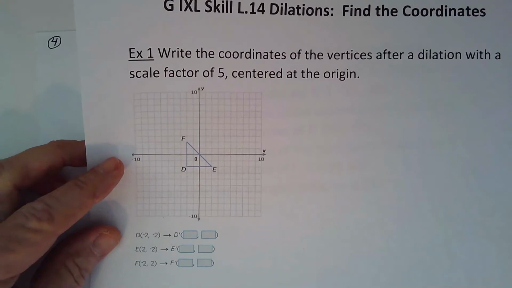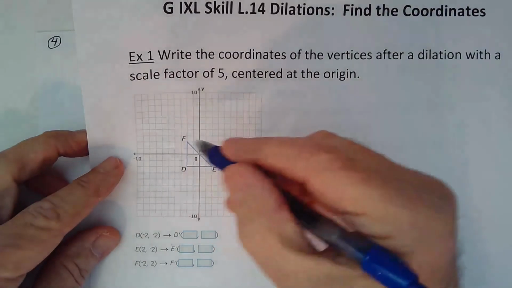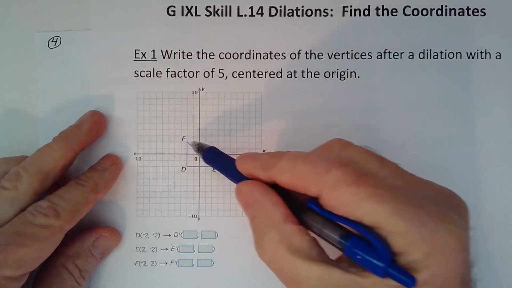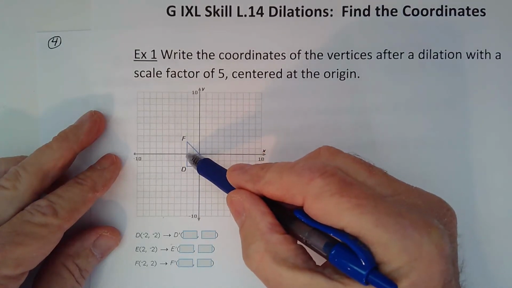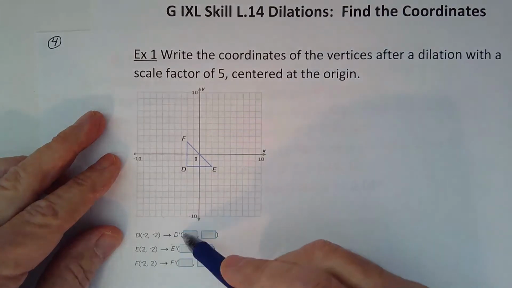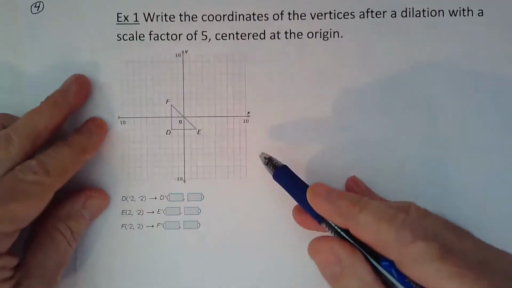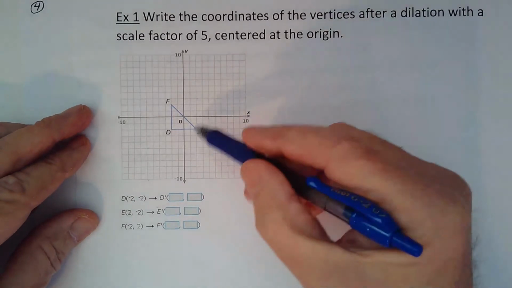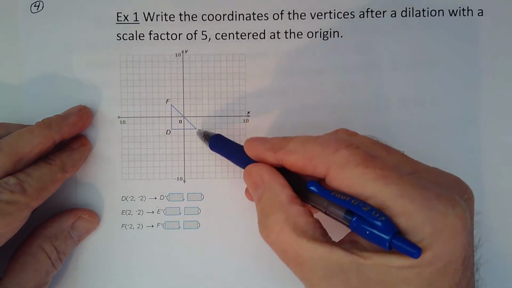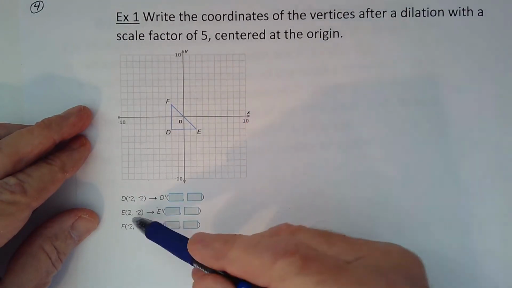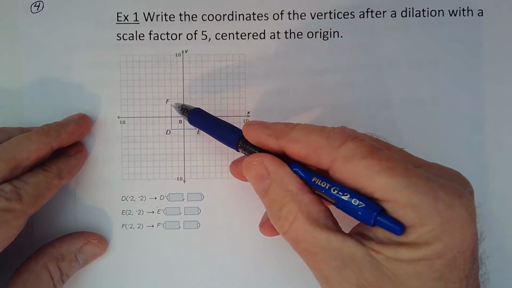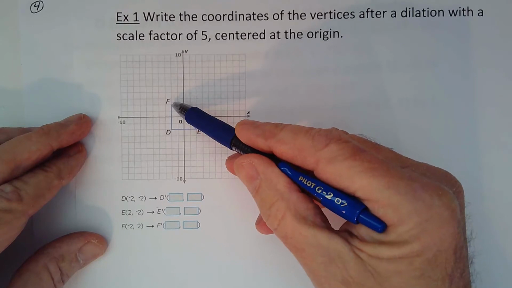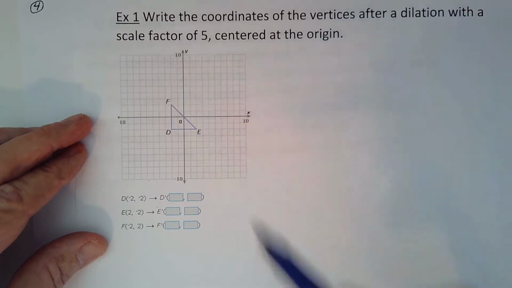It's because if you go back over to your previous sheet, D here, if you work it out, x is -2, y is -2, so there's the coordinates as shown. E, x is at 2 and y is at -2, so 2, -2. And F is at -2, 2, so it's up here at x is -2, y is 2.